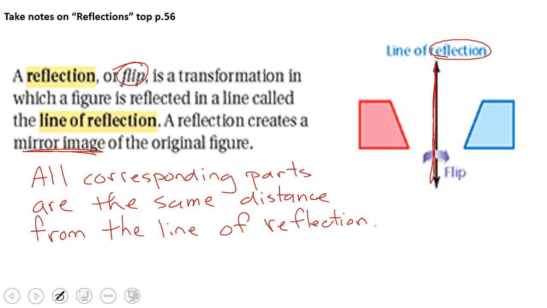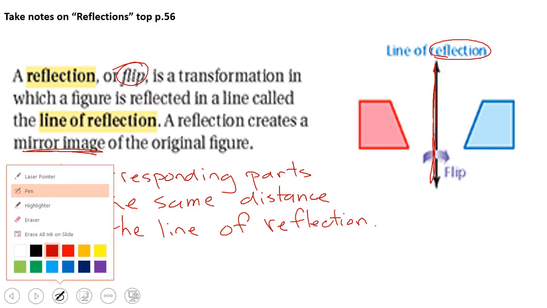This is a very important concept that I'm not sure they talk about soon enough in the book. All corresponding parts are the same distance from the line of reflection. What does that mean? It means the point on the original figure is the same distance from the line of reflection as its image point, its corresponding point is.